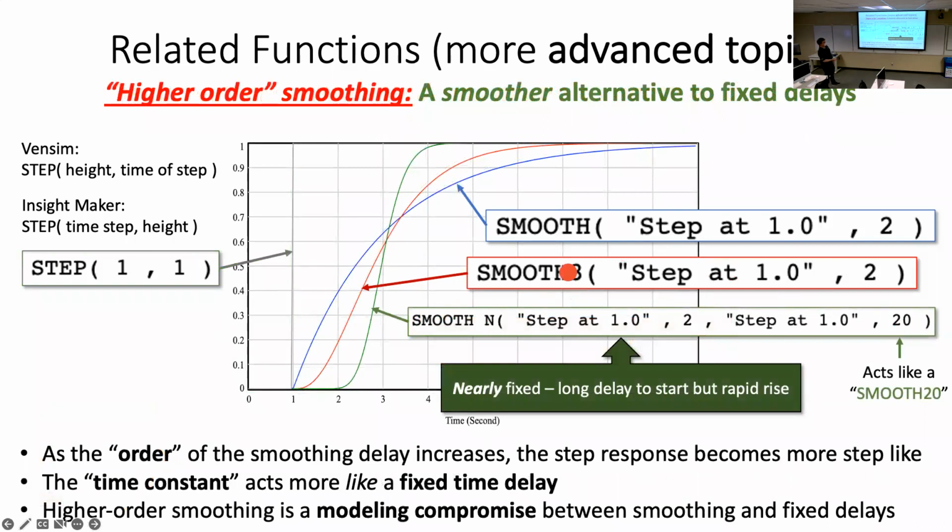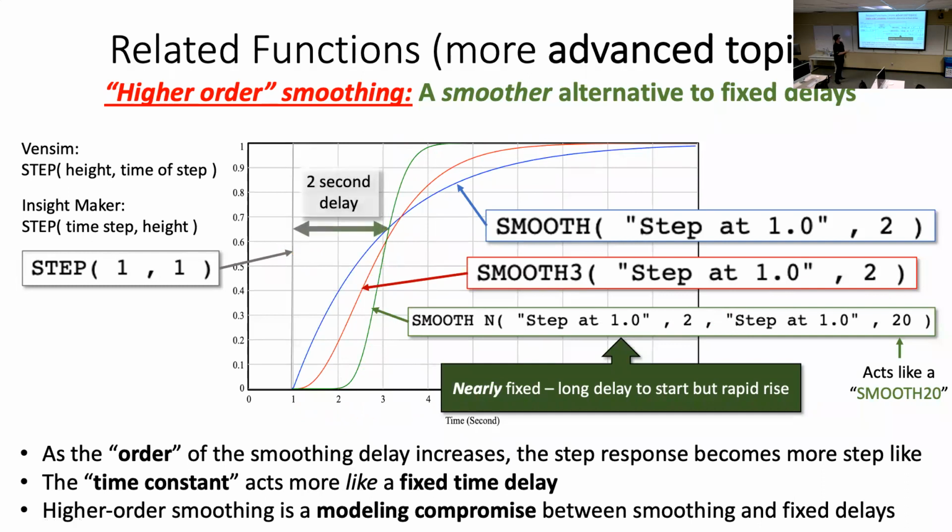So if I put 3 there, it acts like smooth 3. If I put 1, it acts like smooth. If I put like 20, it acts like a chain of 20 of these smoothing delays where each have a delay divided by 20. And when I put that in there, then I get this green line, and this green line is almost vertical. So it almost looks like a fixed delay version of the step here.